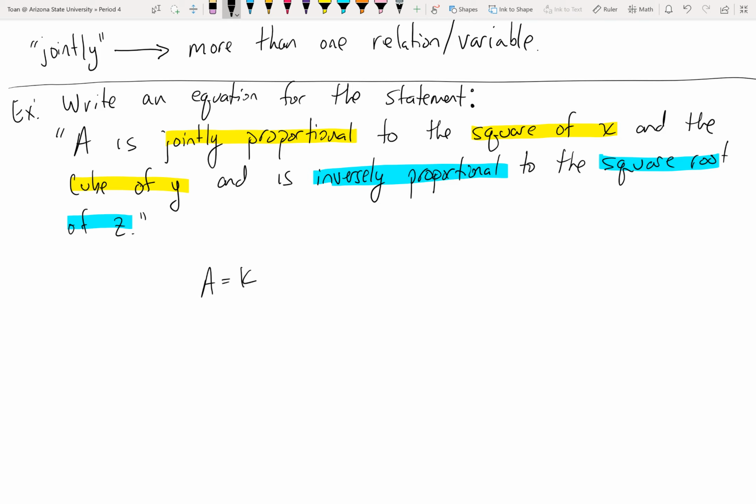Recall the idea, anything that's directly proportional will be in the numerator, anything that's inversely proportional will be in the denominator. So since the square root of x and the cube of y was jointly proportional, which is direct, I'll put those in the numerator, and then the square root of z, which was inversely, will be in the denominator. Right? Square root of x, cube of y, square root of z.